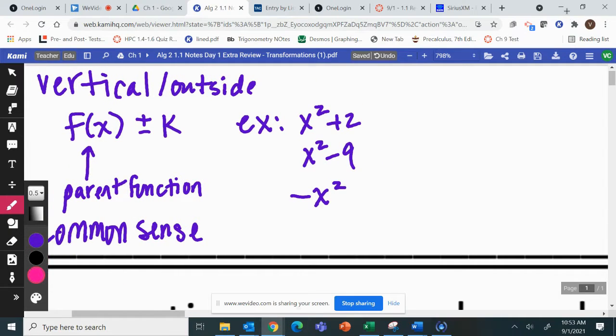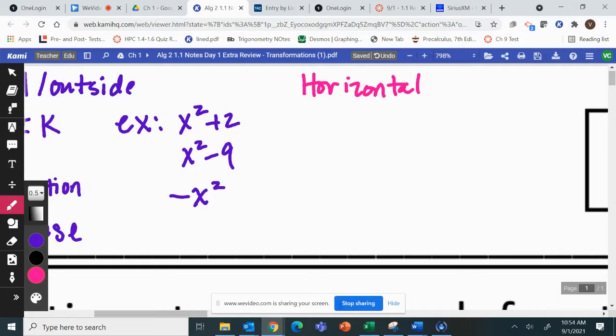So then we have horizontal. For horizontal, we have a function, but there's stuff happening on the inside of the function. So I'm representing that this is on the inside by writing f of x plus or minus some number h.